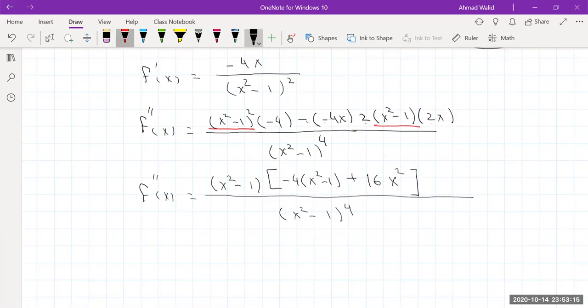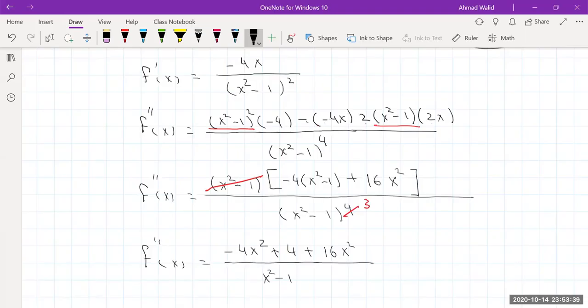Here, you can cancel this parentheses with one of these. You end up with 3. Then f double prime of x equals, distribute here, it gives you negative 4x squared plus 4 plus 16x squared over x squared minus 1 all to the power of 3.